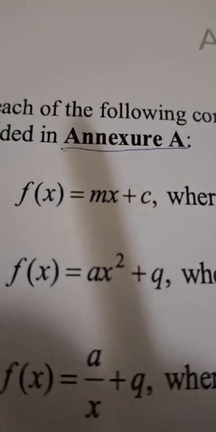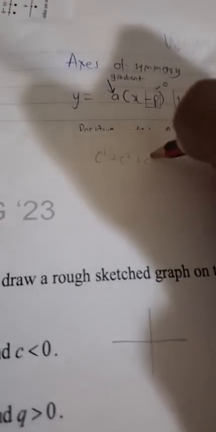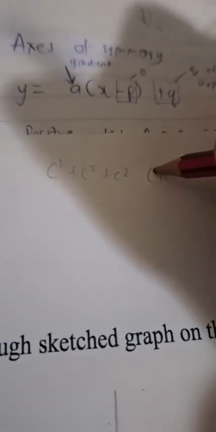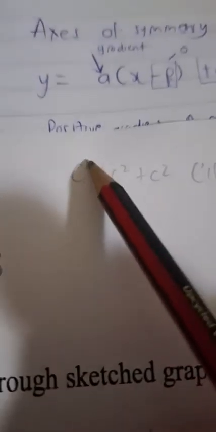C squared plus c squared plus c squared is equal to 3c squared. We call these like terms. Why do we call them like terms? It's because each term of the expression has the same variable and it's raised to the same exponent.